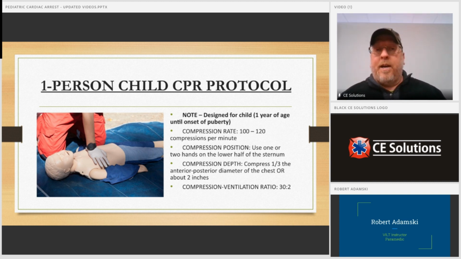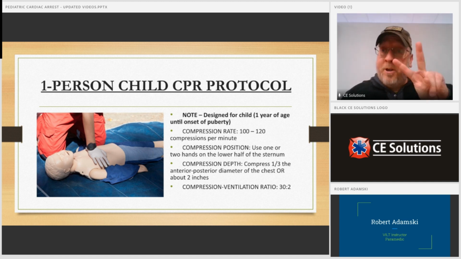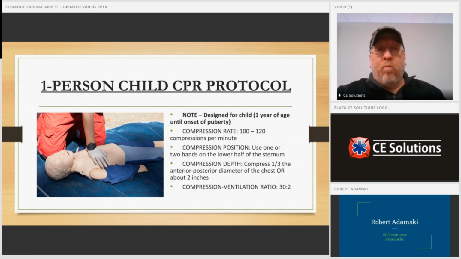Fourth point is we're going to figure out the depth of our compression. So for one person child CPR, again, you can do 1/3 the anterior posterior diameter of the chest, or about 2 inches now. It's about 2 inches. And again, the compression ventilation ratio for one person child CPR has not changed.